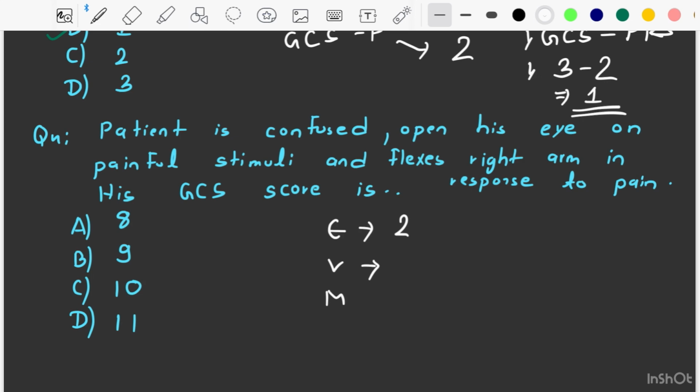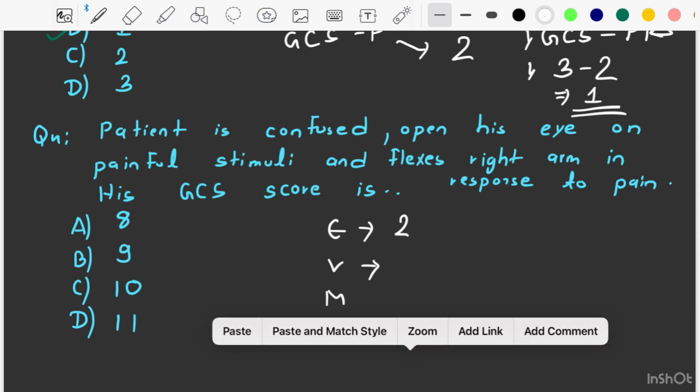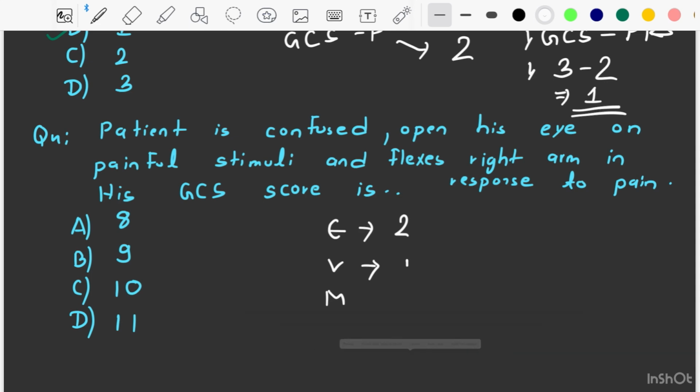The patient is confused, so his verbal response is 4. And the patient flexes right arm in response to pain, so his motor response here is 4. So the answer here is 10. 2 plus 4 plus 4 equals 10.